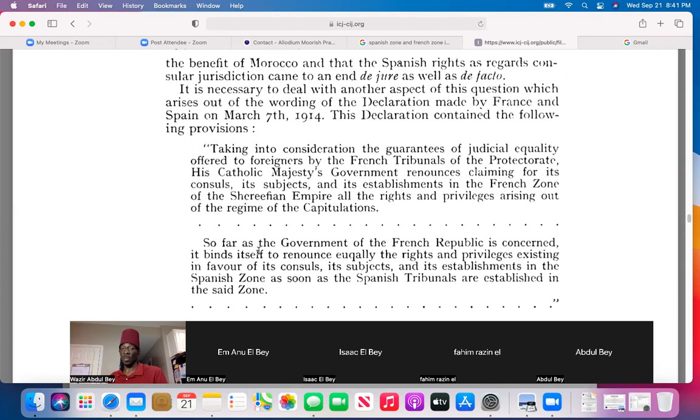So far as the government of the French Republic is concerned, it binds itself to renounce equally the rights and privileges existing in favor of its consuls, its subjects, and its establishments in the Spanish zone as soon as the Spanish tribunals are established in the said zone.